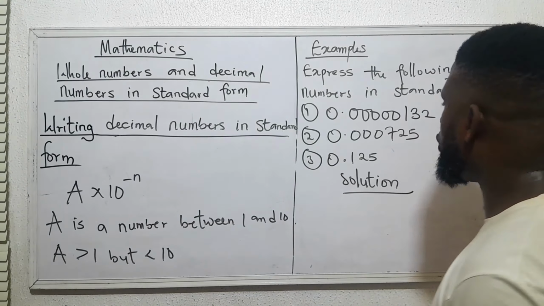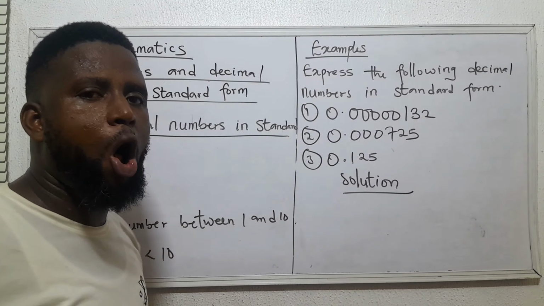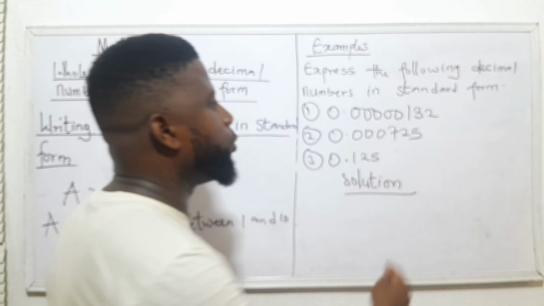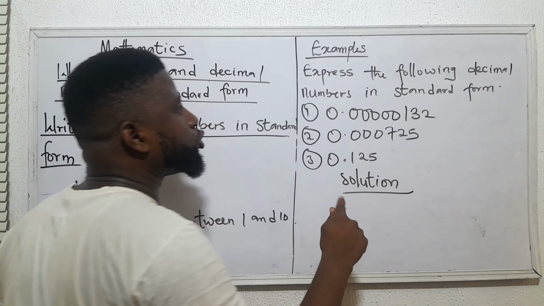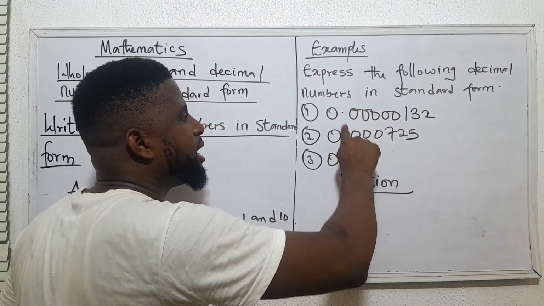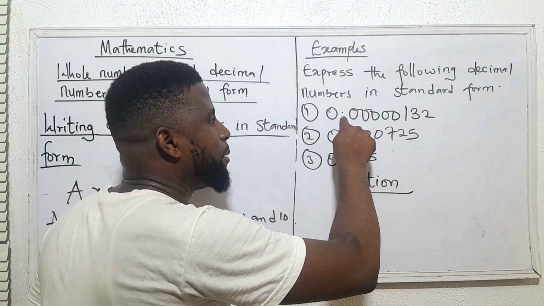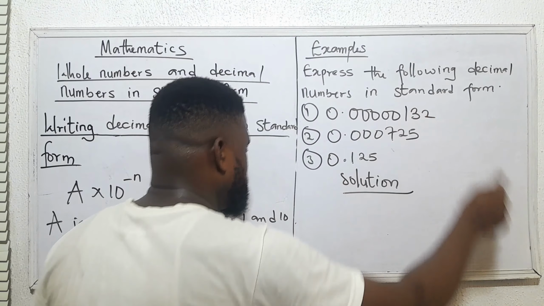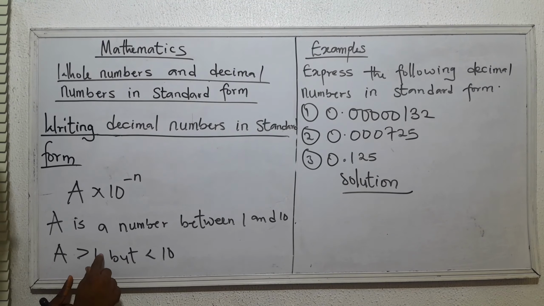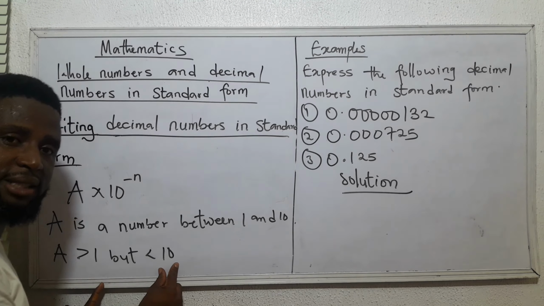A negative whole number. Now, unlike the whole number where the place of the decimal point moves backward, to express decimal numbers in standard form, the place of the decimal point will move forward until we have a to be greater than 1 but less than 10.